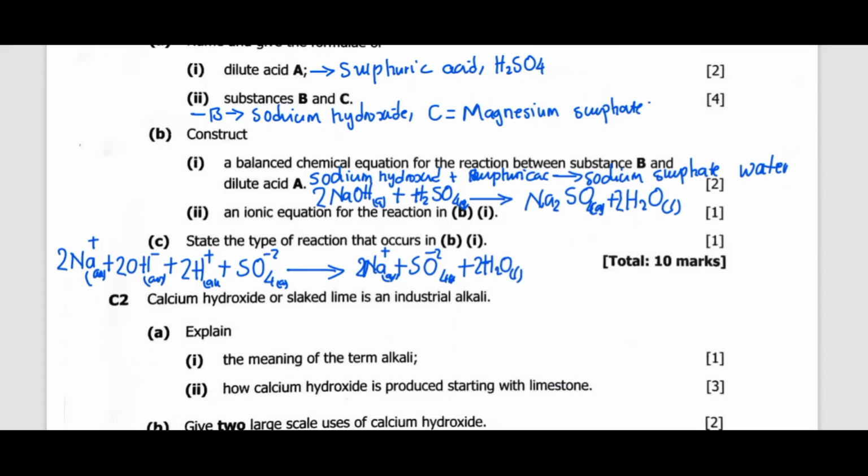So here we need to cancel the spectator ions. So the spectator ions are those that are in the same state before and after the reaction. So sodium is a spectator ion, then sulfate is also a spectator ion. So our net ionic equation will be 2OH minus plus 2H plus aqueous, then is equal to this.